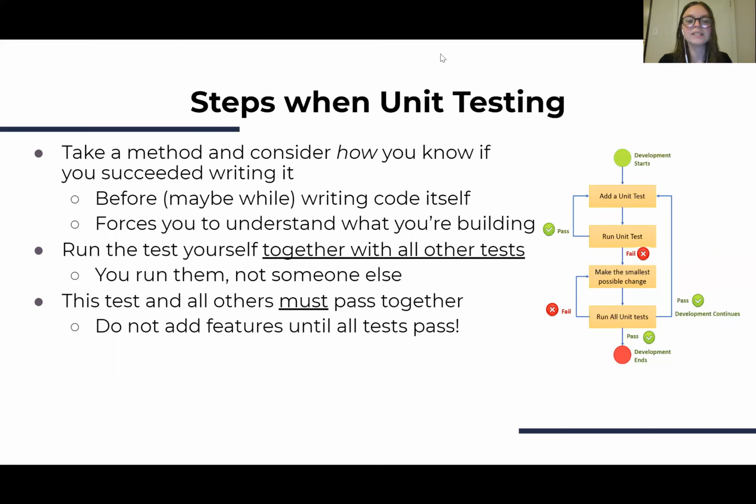And then you can run the test for yourself, and you can test it along with other unit tests and make sure that they all pass together. And if they don't pass together, there's probably something wrong with your program. And so you need to go back and look at your program before moving forward. And then once your tests pass and you feel like your program is in the place that you want it to be, then you've successfully passed.